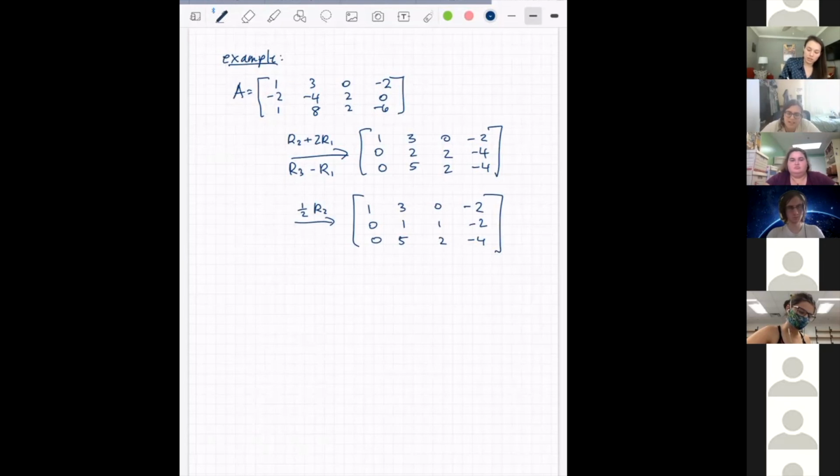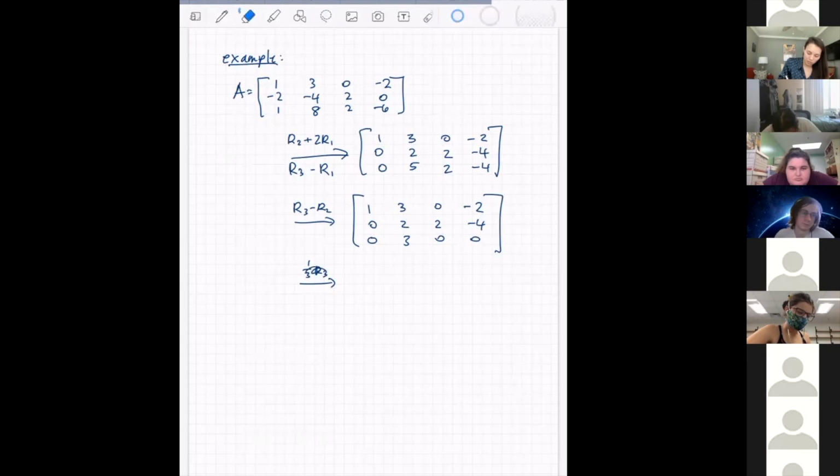Oh, it might be easier, yeah. We'll try that. I mean, it works either way. Row 3 minus row 2. Yeah, replace row 3. Then we would get 0, 3, 0, 0.